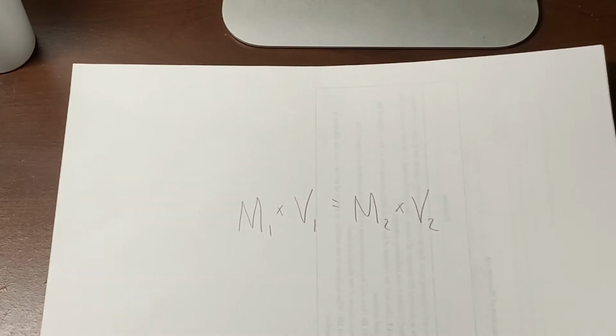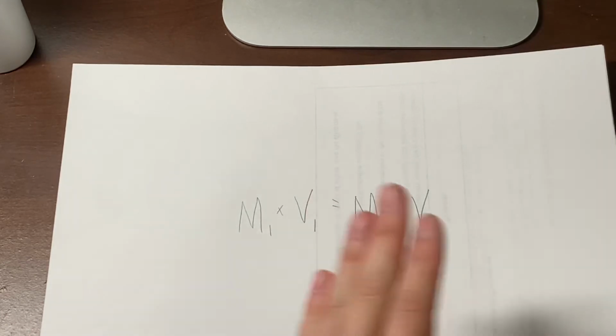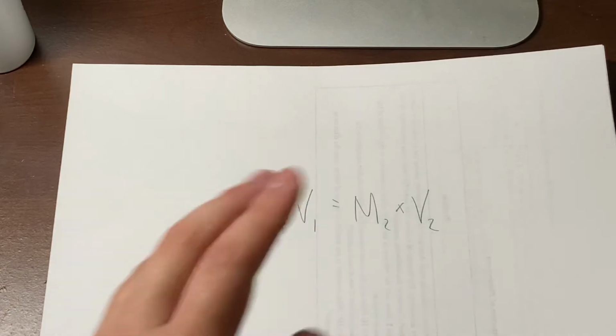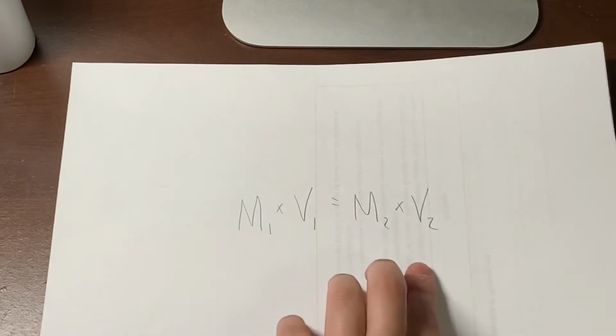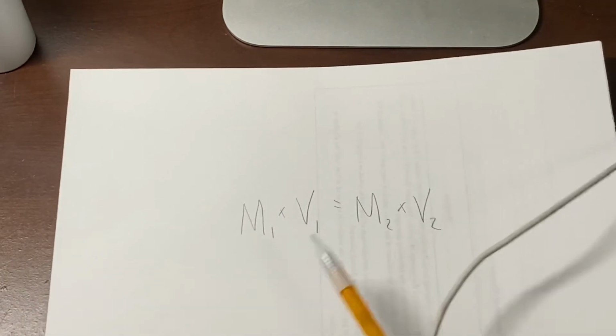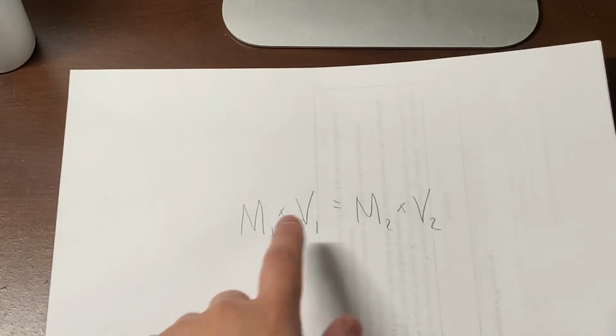M1 stands for the molarity of the original, as V1 stands for the original volume of the solution, and vice versa for M2 and V2. The only difference is that this is the final and this is the original, with 1s and 2s.